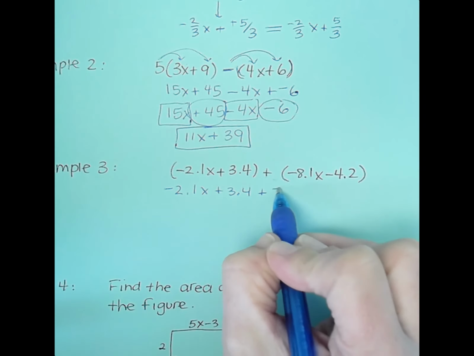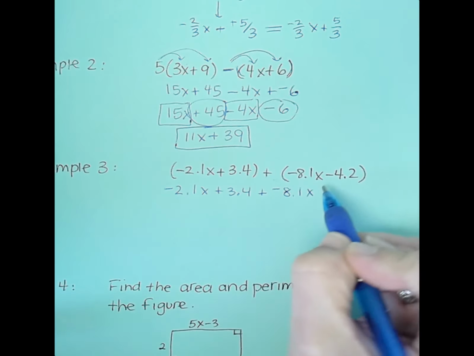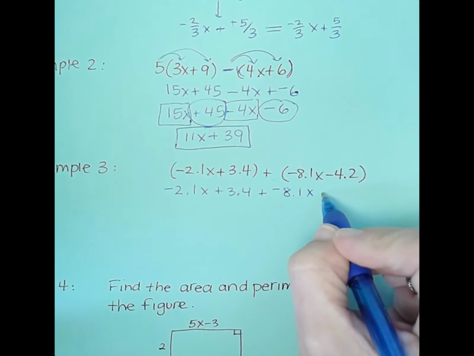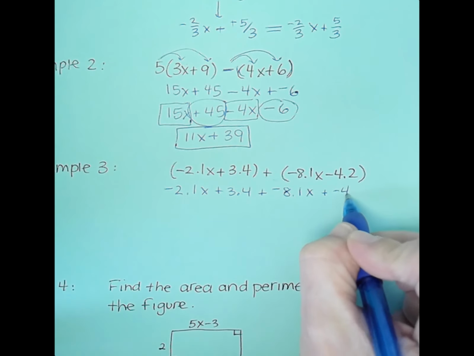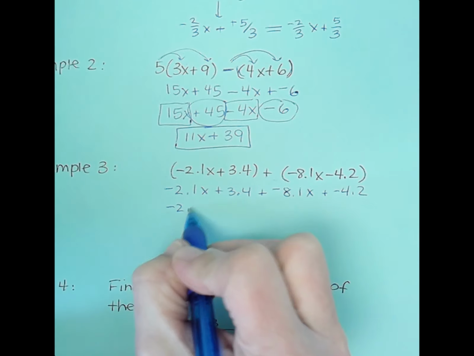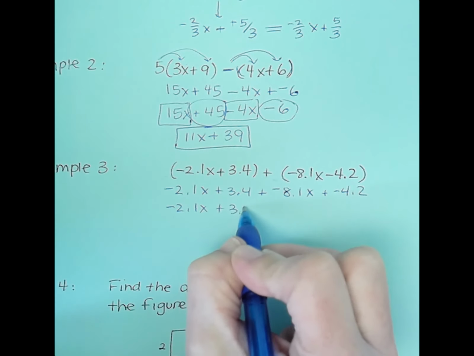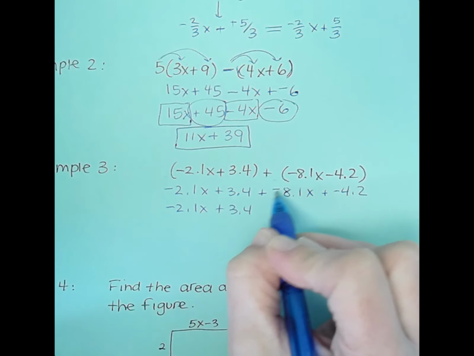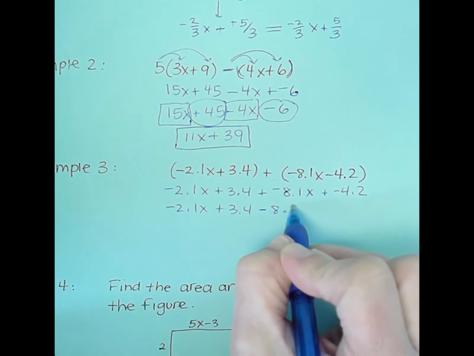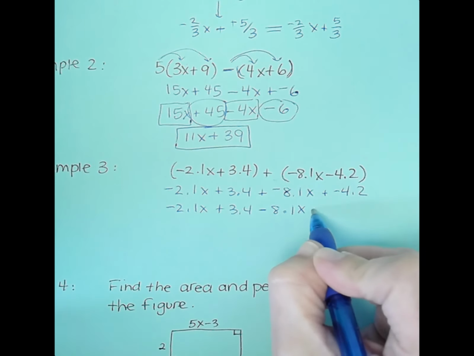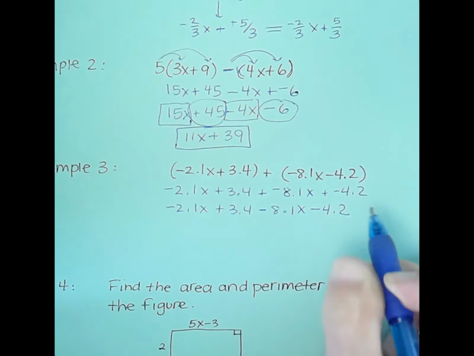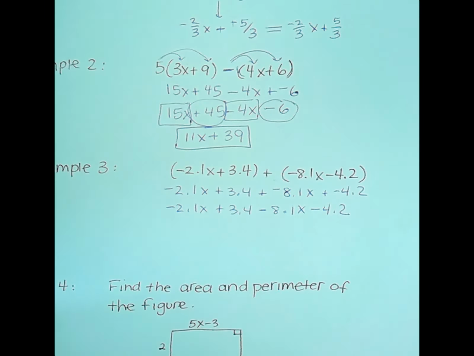So we're adding negative 8.1x and adding a negative 4.2, which is really just the same as subtracting. Remember, adding a negative, same as subtracting. So you can see we're just back to what we had at the beginning.